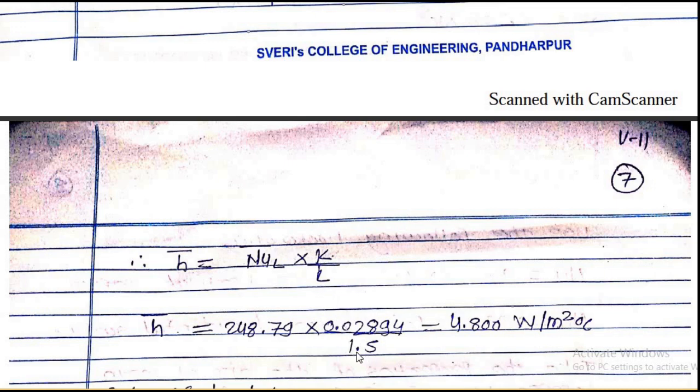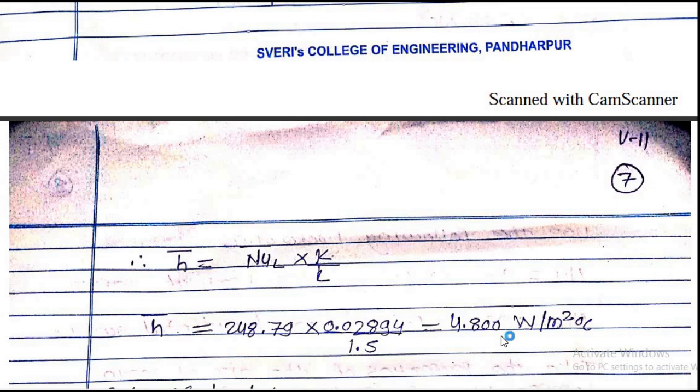Here the height of the cylinder we have taken as 1.5. So we'll get the value for the average heat transfer coefficient as 4.800 watt per meter square degree Celsius. Okay, now on that basis, we have the h bar value, 4.800, after this calculation.